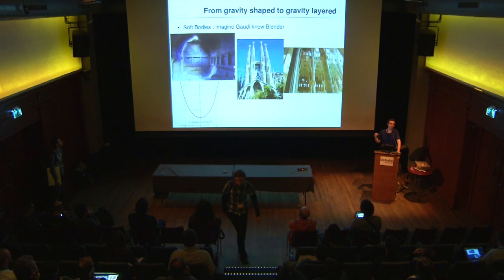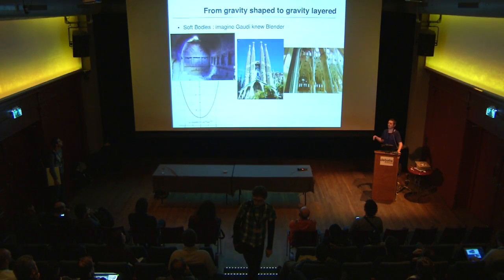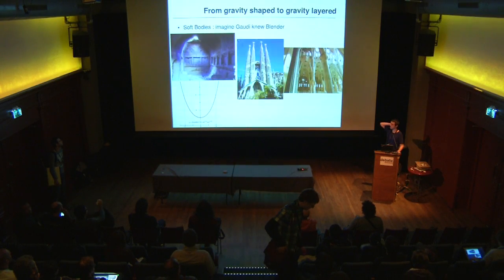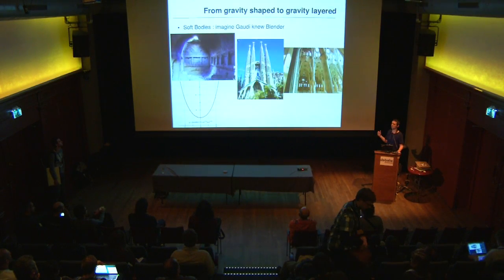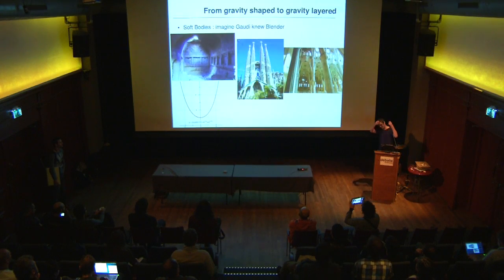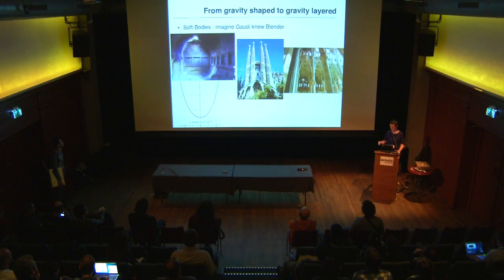So the first example for a workshop is an idea that I have used for some years now in teaching: the work of Gaudi, where when you hang a rope like that, it takes the ideal shape for load discharging, and he used it to build the Sagrada Familia and some other things.